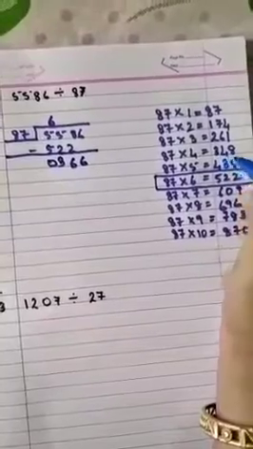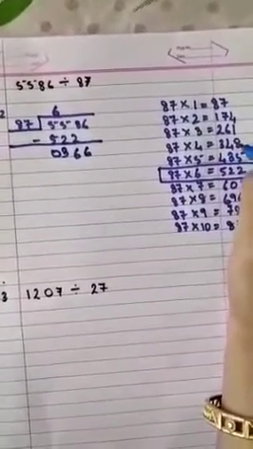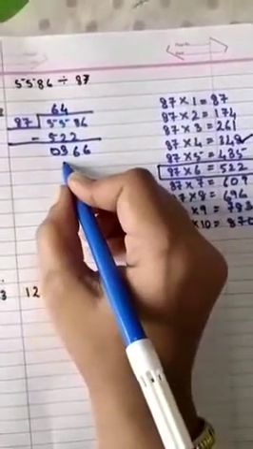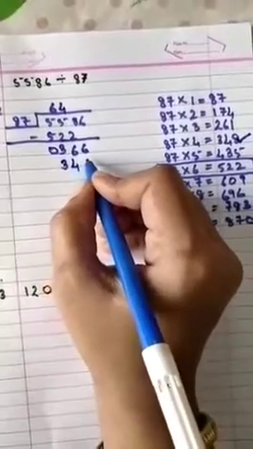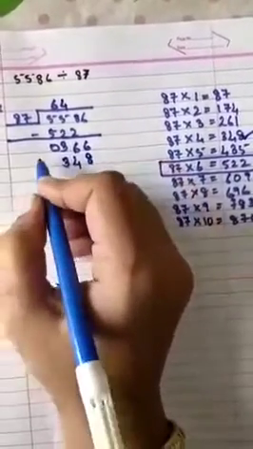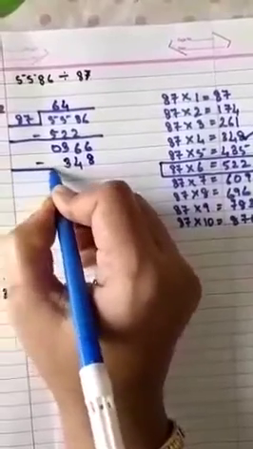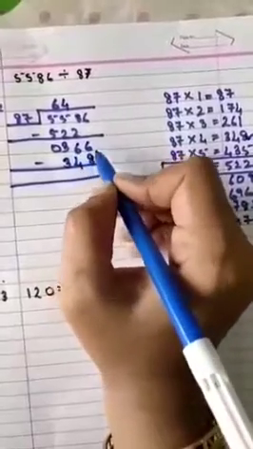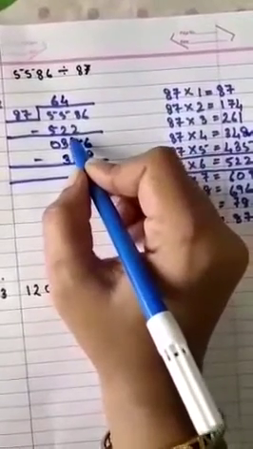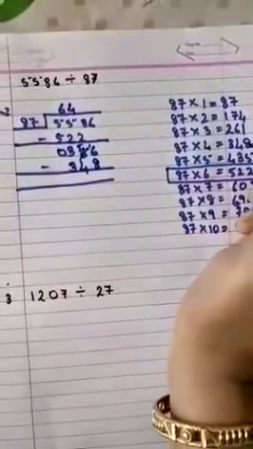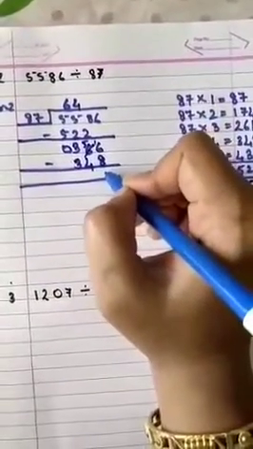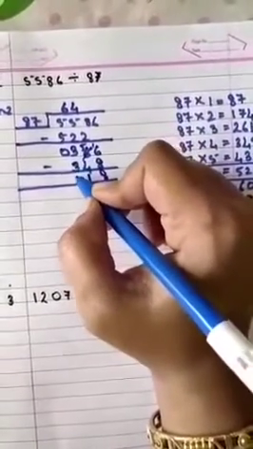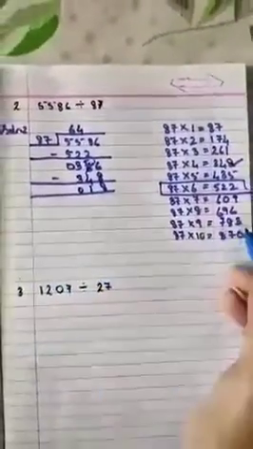No, but here it is 348. So we will take this number now. 87 fours are 348. We'll do the minus here. 6 minus 8 we cannot do, so we borrow 1. 16 minus 8, 8. 5 minus 4, 1. 3 minus 3, 0.